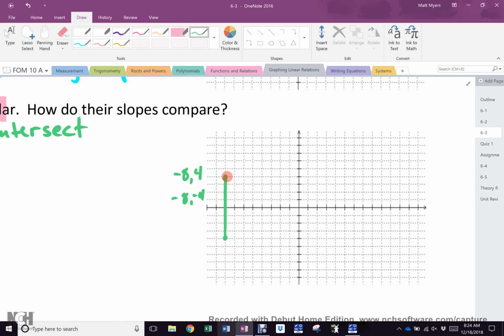Why is it undefined? Yeah, but what makes a straight line an undefined slope, Lennon? Yeah. What makes it undefined, though? What is it about it that makes it undefined? Mathematically speaking, what is slope?